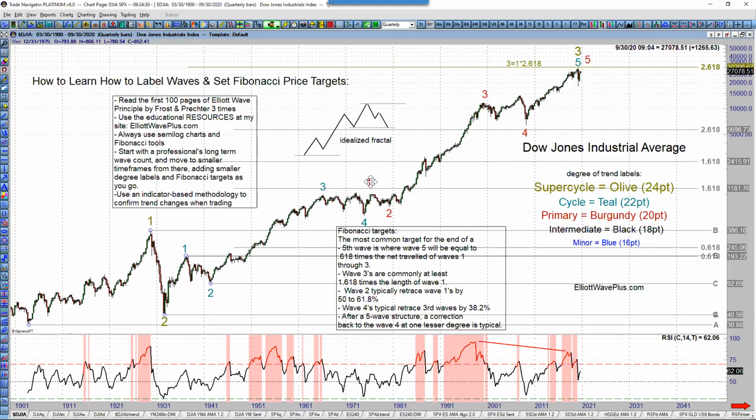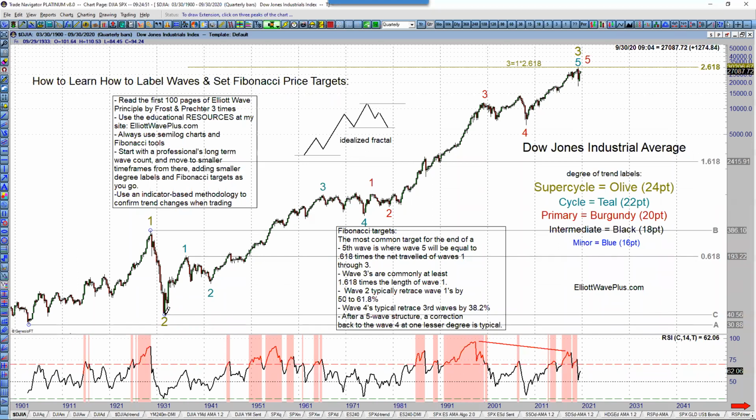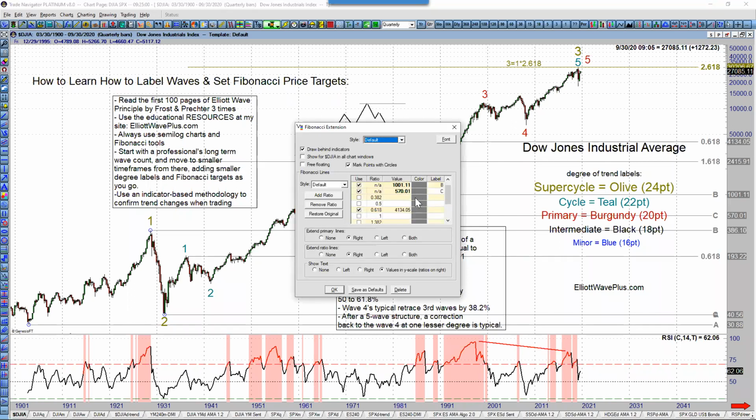So now what we have is some labels. We have a target up here. We also, let's see, on this one, yeah, we have the wave 3 teal target right here. And that looks good. And there's one other target I want to establish, and that is where wave 5 in teal, or cycle degree, might have a Fibonacci relationship with the rest of the teal.